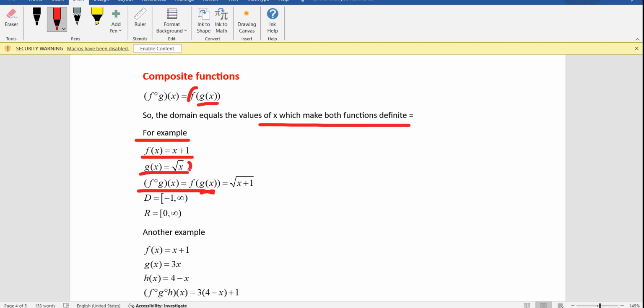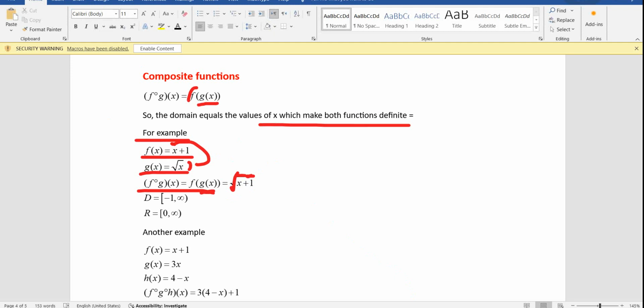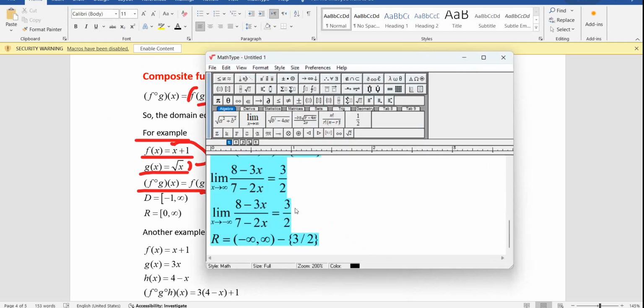We take the square root of x and substitute it here, so the function will become square root of x plus 1. It will become like this.